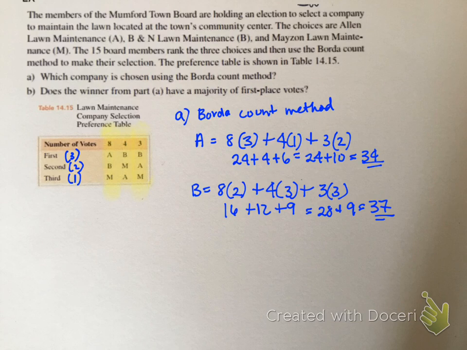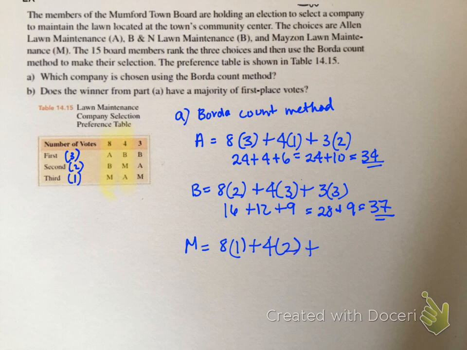Okay, and finally, we have to go through this process and figure out, using the Borda count method, how many points M gets. Same thing, look through each column. Sorry, I said C, I need M. So the 8 votes, M was in third place, so we're going to multiply that by 1. In the next column, those 4 votes are multiplied by 2 because M is in second place.